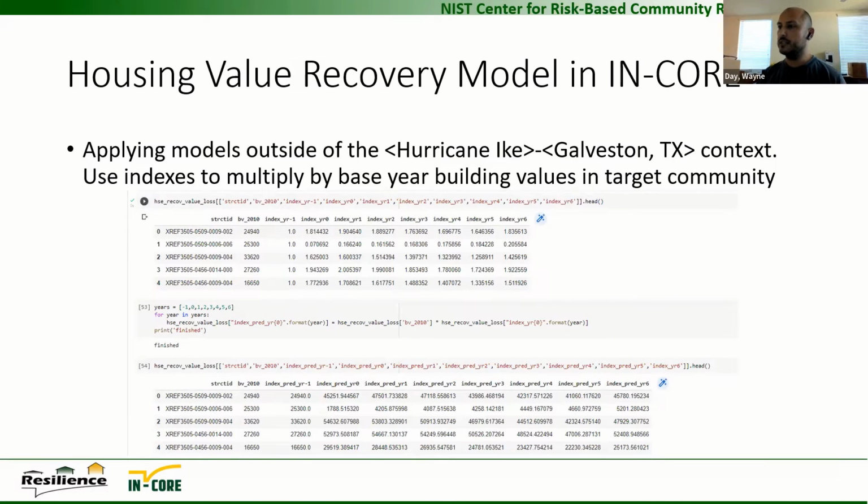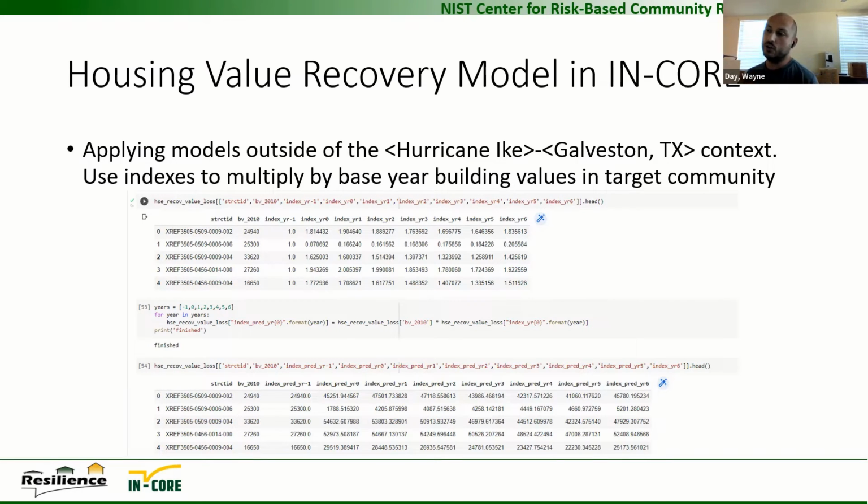So then, as I alluded to earlier, the reason we convert to the index is that you can apply this model and its predictions outside of the Hurricane Ike, Galveston, Texas context. We use these indexes to multiply by the base year building values in the target communities.